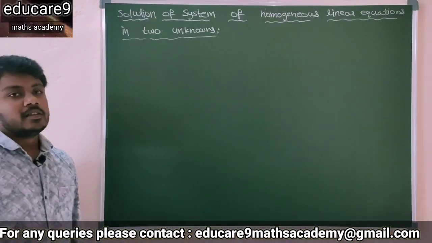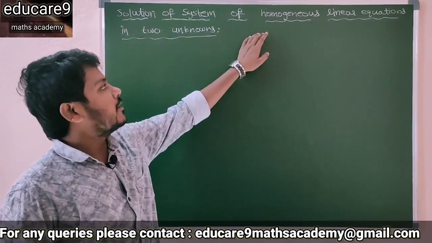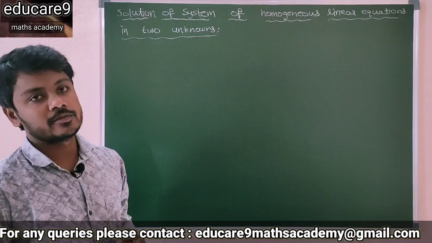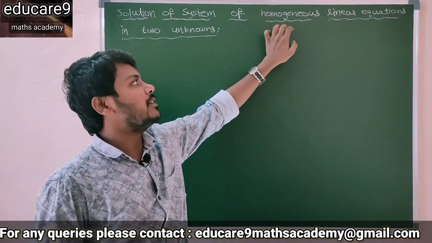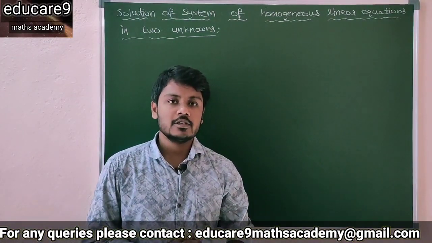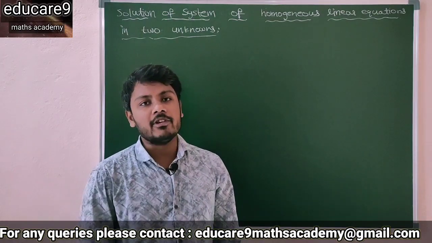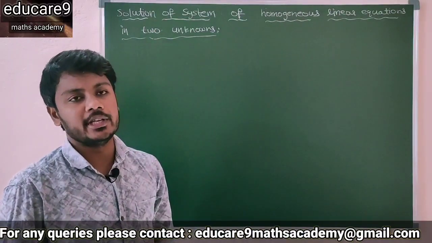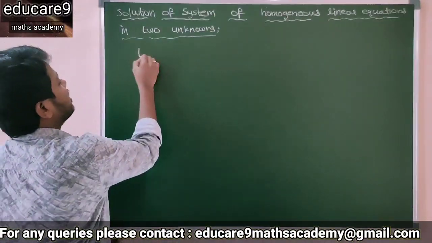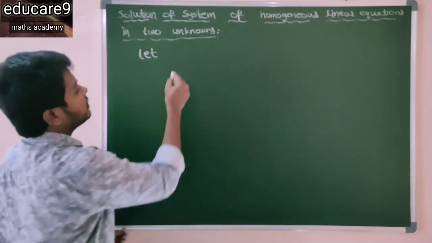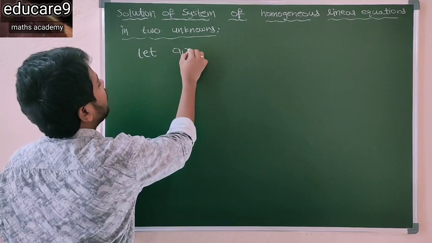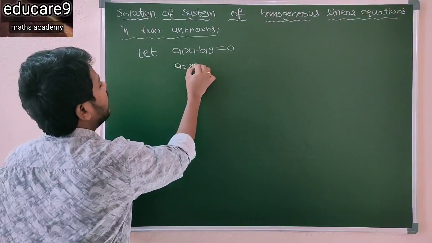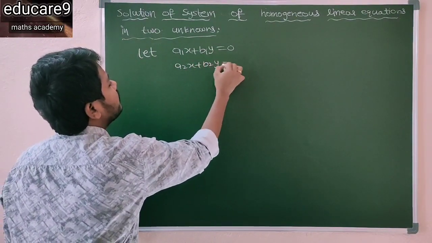Next, the solution of a system of homogeneous linear equations in two unknowns. Here the given equations are homogeneous. Homogeneous means that the equations have the same degree. Let us consider two homogeneous equations: a1x plus b1y is equal to 0 and a2x plus b2y is equal to 0.